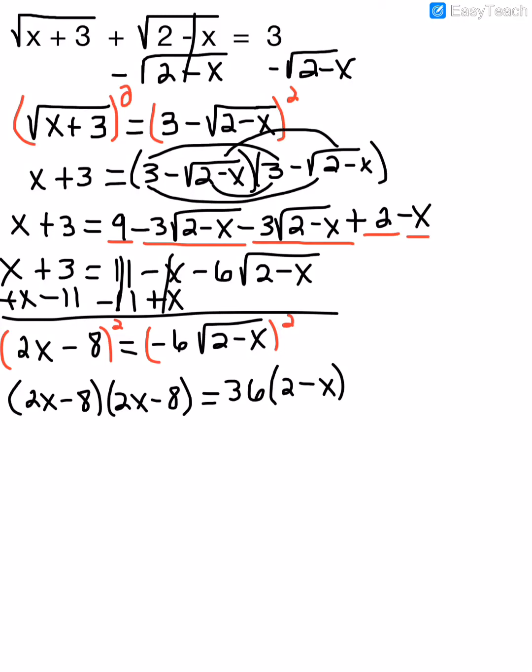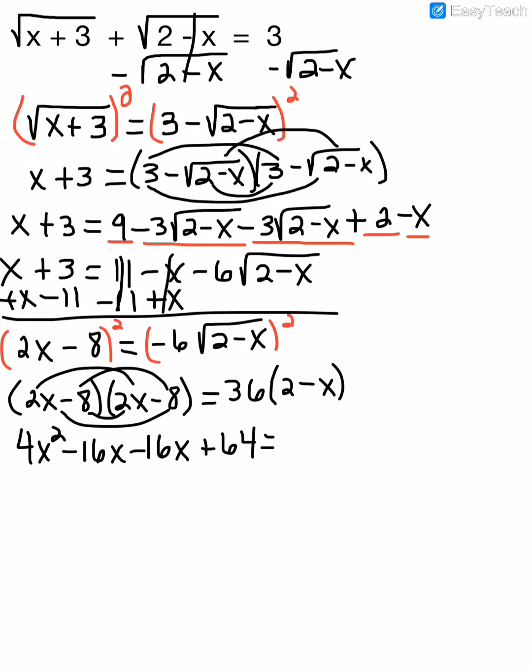Now I'm going to FOIL the 2x minus 8, and that gives me 4x squared, a -16x, another -16x, and a positive 64.